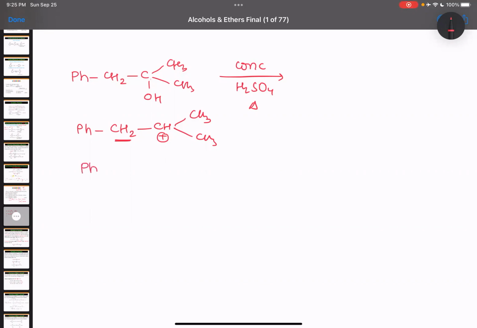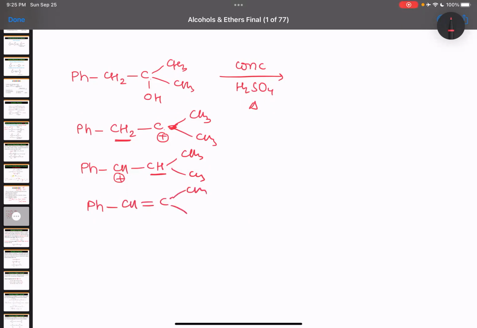So Ph, and now you are going to do the removal of the H plus adjacent to the cation, and that's how you are going to get an alkene.